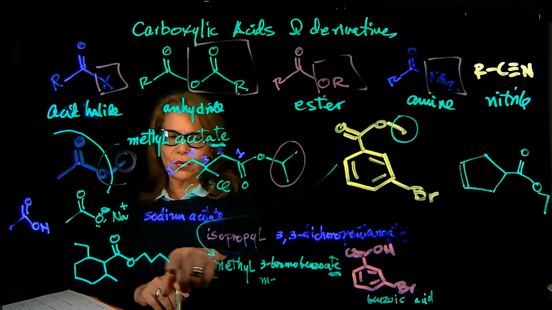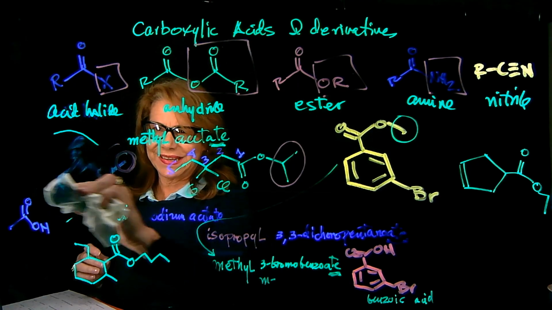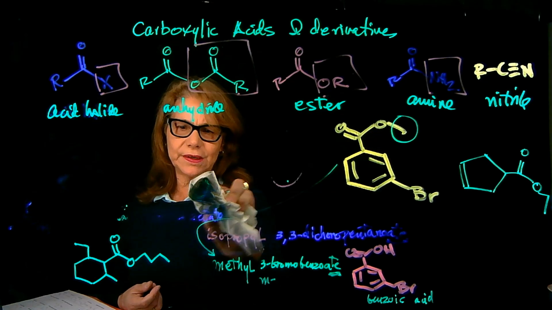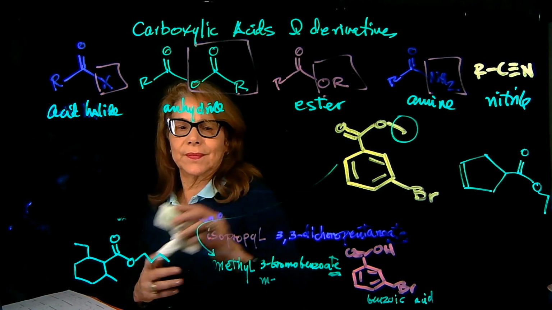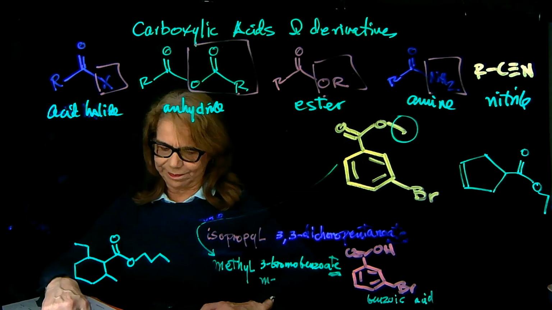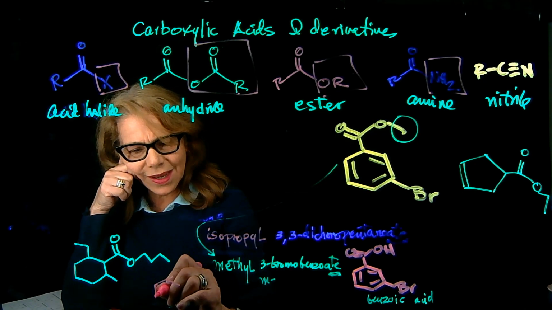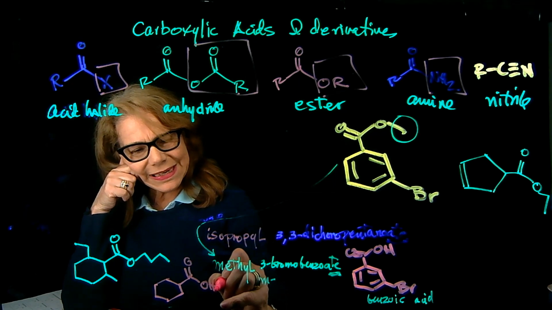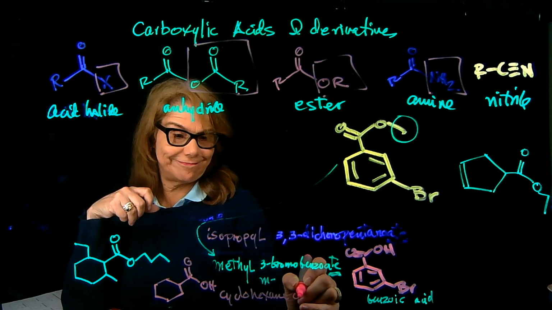Now, doing this one over here, let's erase something so that I have room to write that name. And what are we seeing here? Again, thinking, what is the acid it comes from? The corresponding acid would be a cyclohexane carboxylic acid.